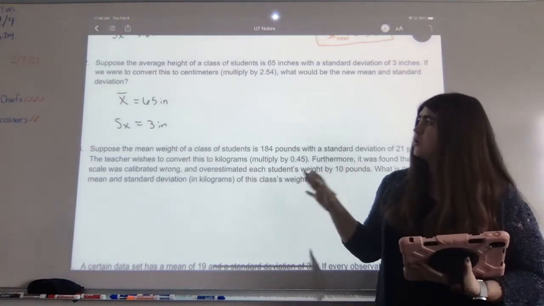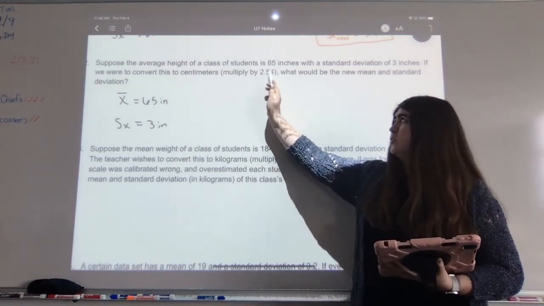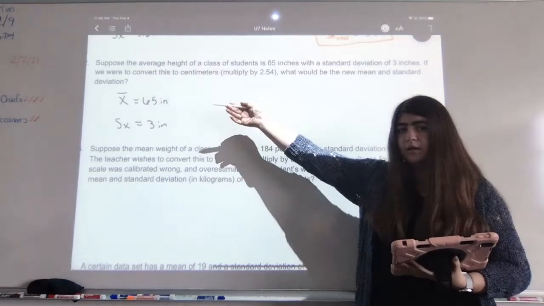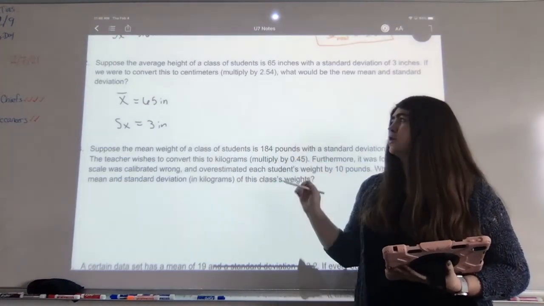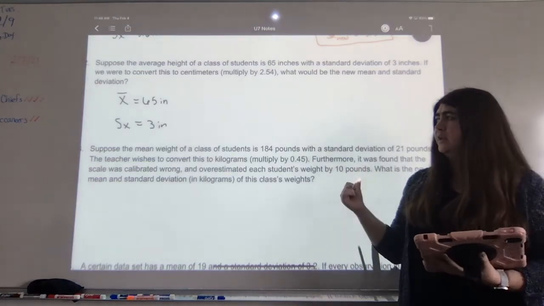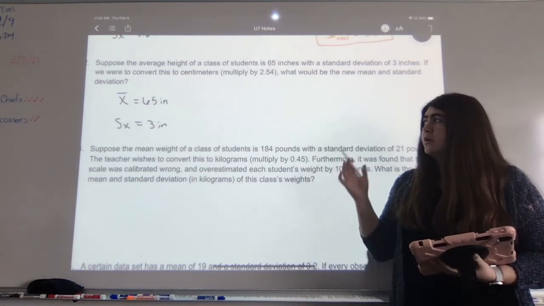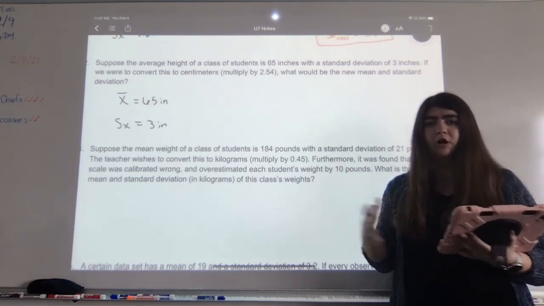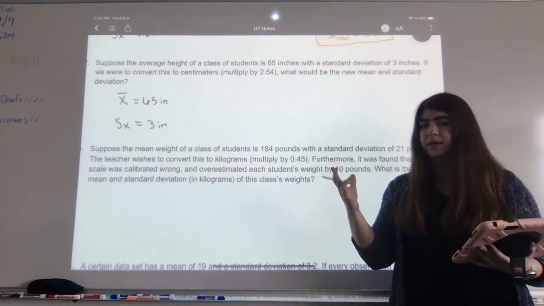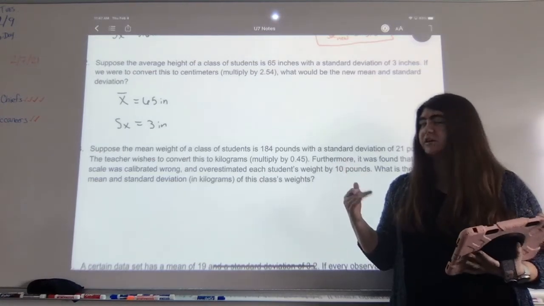It says that we're converting to centimeters, so we're multiplying every inch by 2.54, so it'll be 65 times 2.54. Does multiplication change the mean, and does it change the standard deviation? It actually changes both. Remember, multiplication changes all of those pieces: the mean, the median, the range, the interquartile range, and the standard deviation.